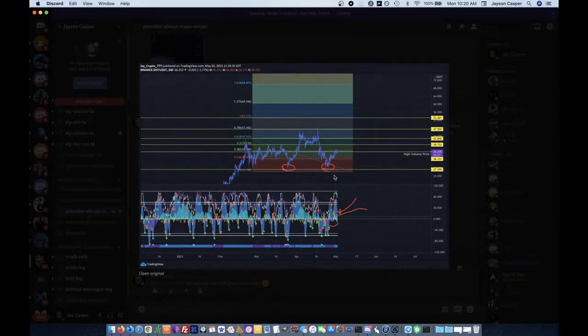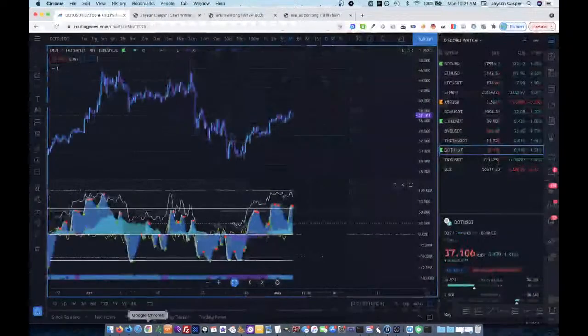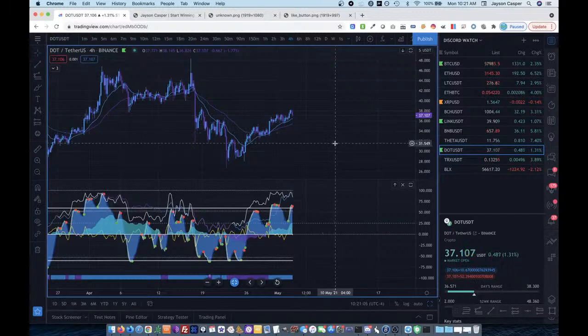We formed a double bottom on a strong support, and now we're coming up, and we were confirming above this high volume node right here, as well as the 0.382 Fibonacci retracement. Believe it or not, Polkadot is already up over 5% since I posted that yesterday. So yeah, I'm super bullish on DOT.